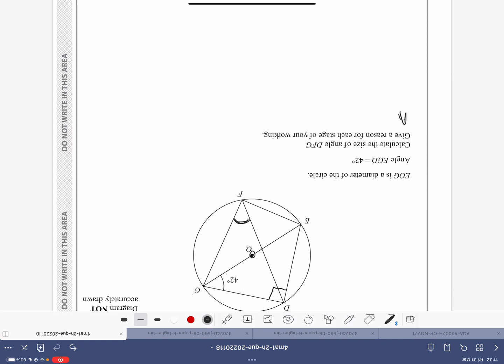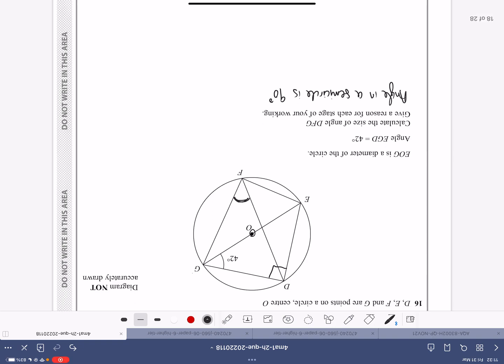I think they call it the angle in a semicircle is 90 degrees. So going from a diameter to the circumference of the circle, like this, always makes an angle of 90 degrees. So therefore EDG is 90 degrees.